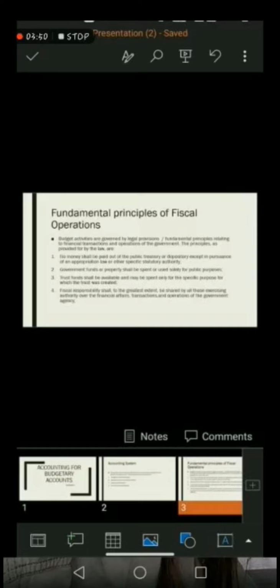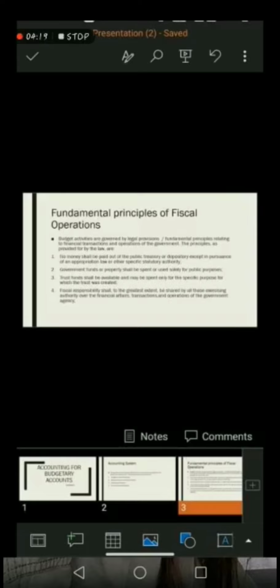5. Disbursements or dispositions of government funds or property shall invariably bear the approval of the proper officials. 6. Claims against government funds shall be supported with complete documentation. 7. All laws and regulations applicable to financial transactions shall be faithfully adhered to.